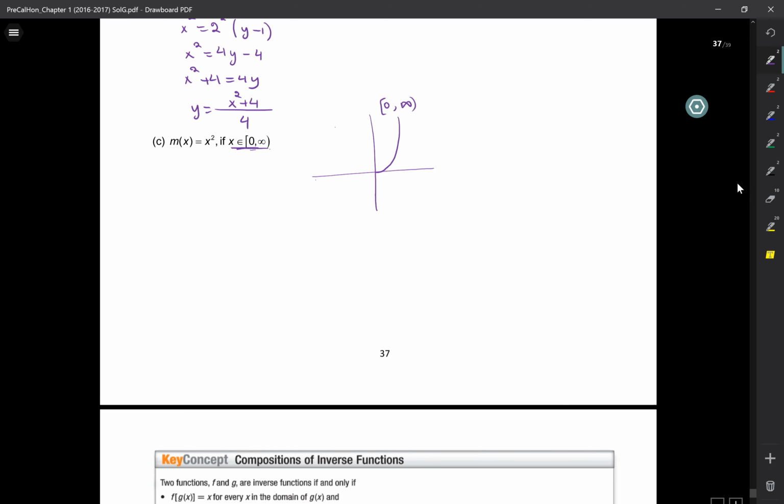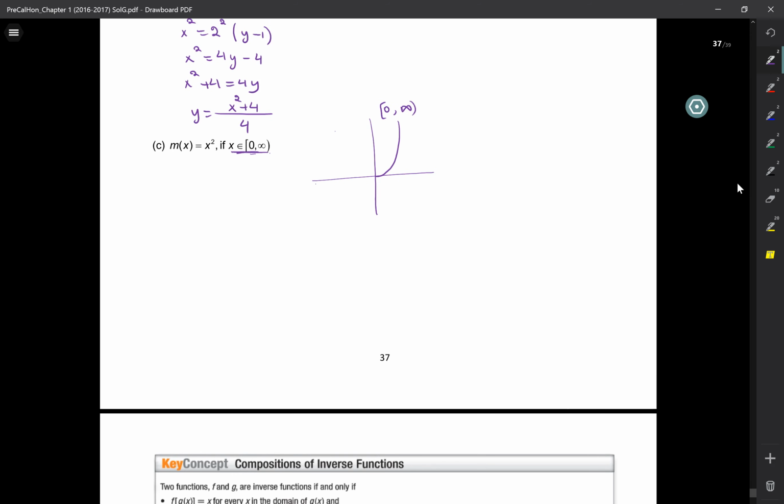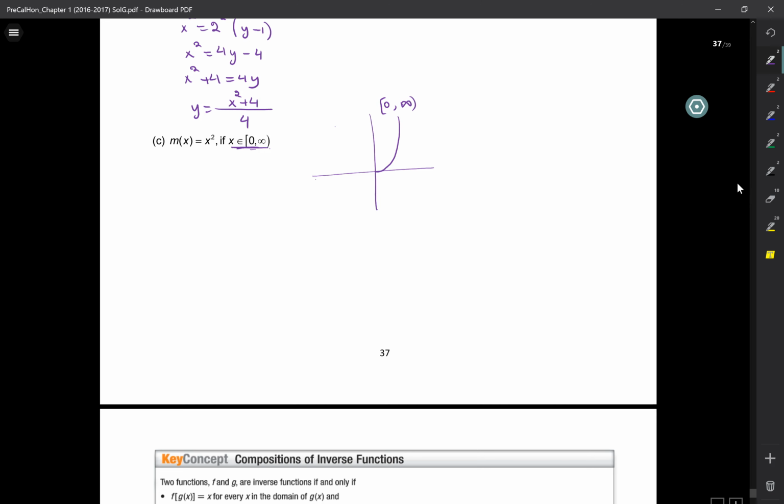Now, does that pass the horizontal line test? It does. So it does have an inverse. And let's find what that inverse is. So y is equal to x squared. That means x is equal to y squared. And if I take a square root of both sides, then y is equal to plus or minus root x.